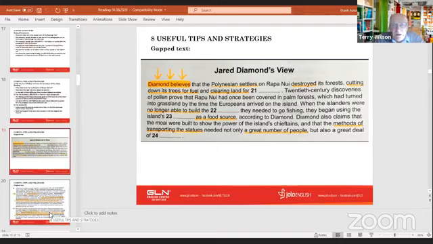So clearly we need to focus on what Diamond believes. And for number 21, we need to focus on the cutting down of trees for fuel and the clearing of land. So basically, why are they clearing land?